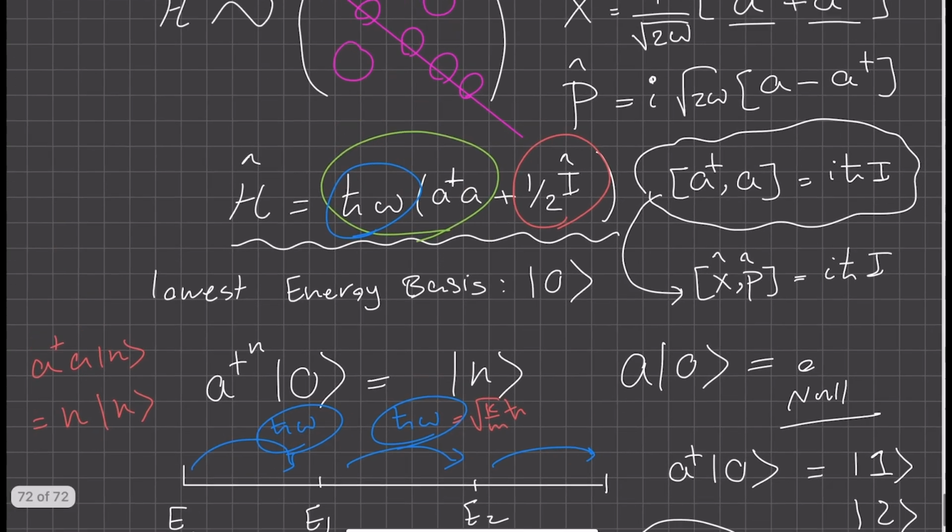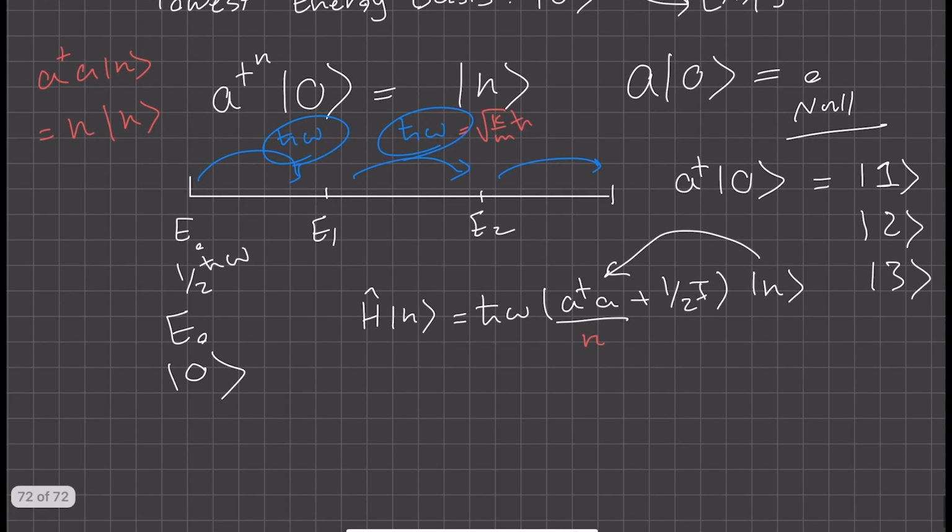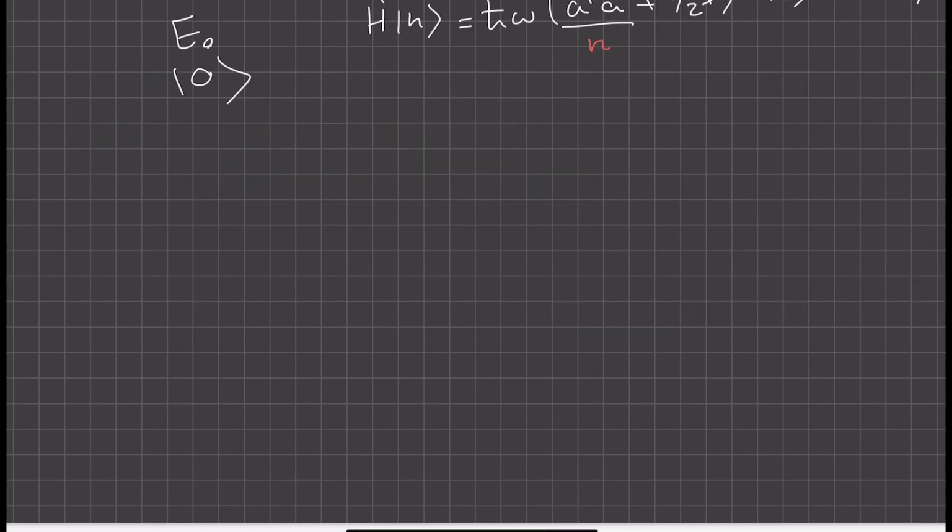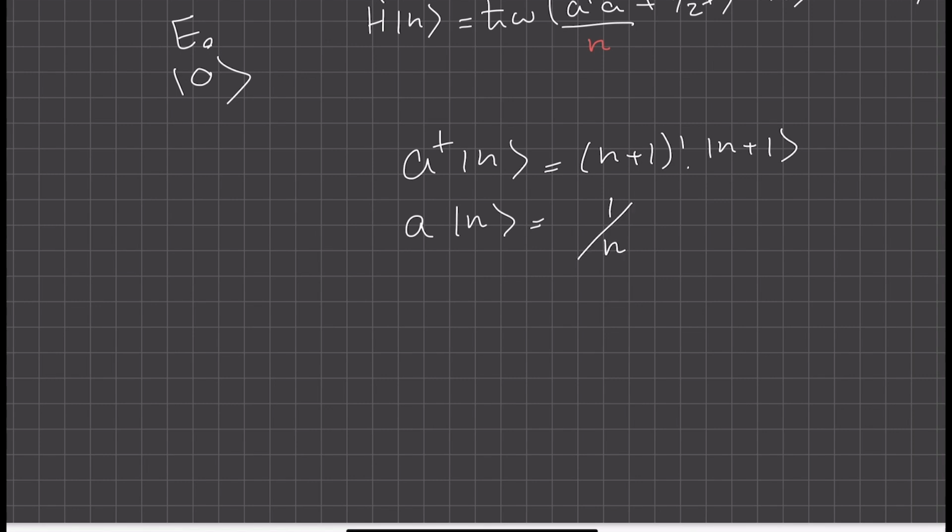So A dagger acting on, let me find it. Yes, A and A dagger should be symmetric in the definition. So when A dagger acts on N, I should get square root of N plus 1 factorial over N, giving N plus 1. And when A acts on N, it should give me 1 over square root of N minus 1 factorial, giving N minus 1.